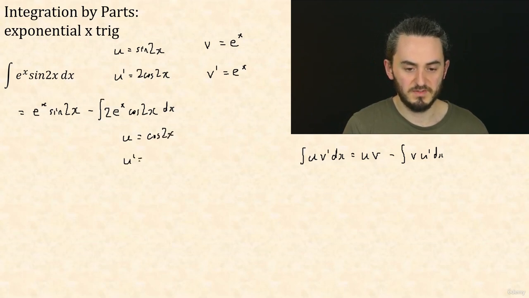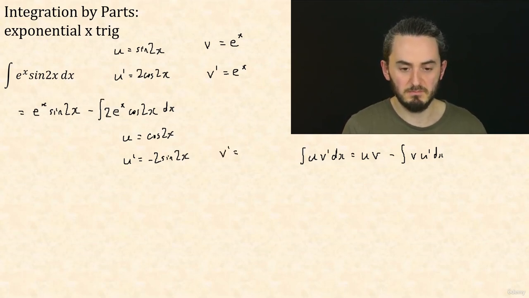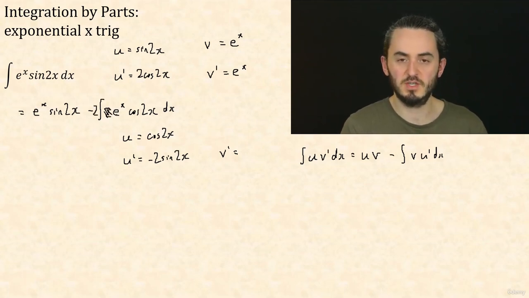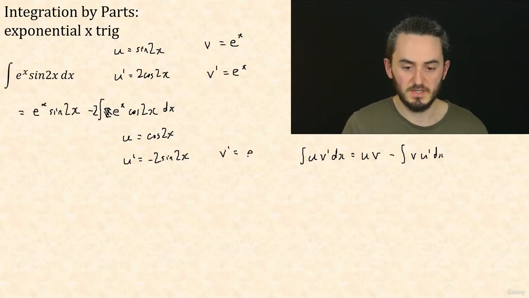And the derivative of that is minus 2 sine 2x. And my v dash, well, okay, it can be useful to factorize out numbers. So you know what I'm going to do is I'm just going to get rid of the 2 there and pop it outside. That's just going to make life a little bit easier for us. So my v dash is e to the x, and therefore v is e to the x.